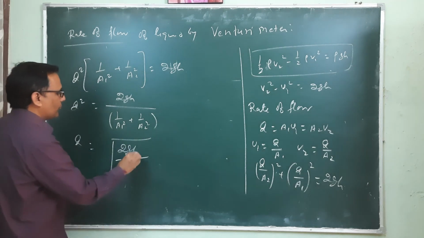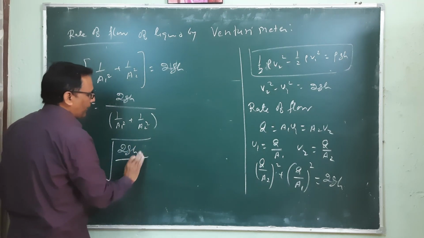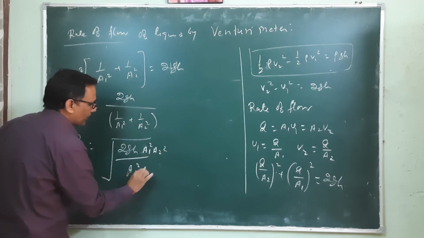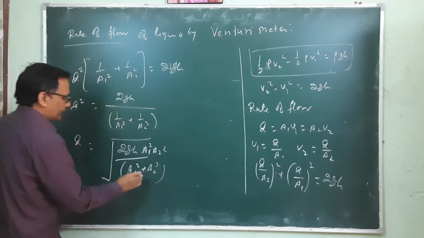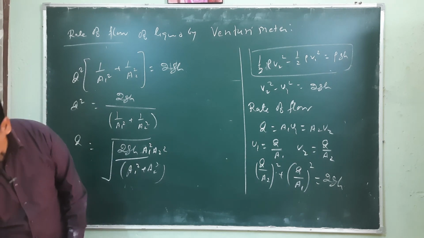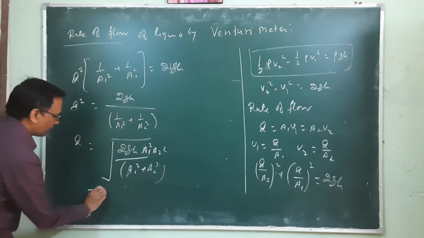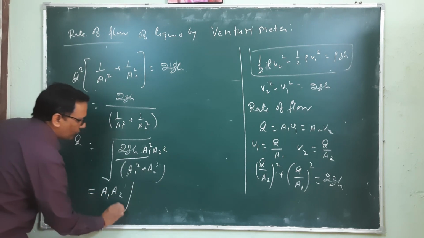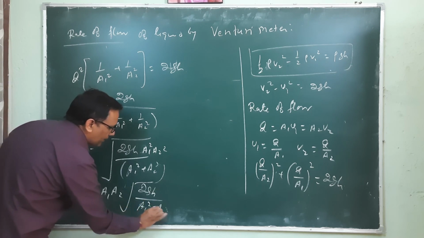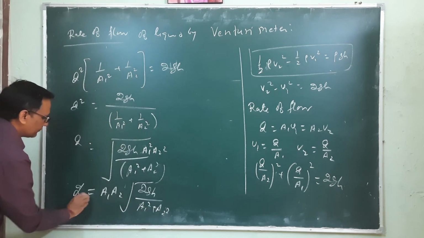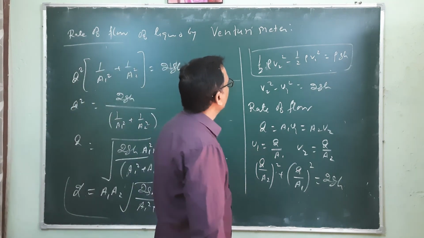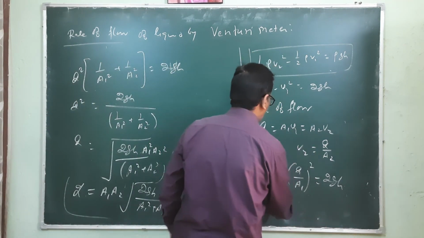So this will be equal to Q equal to A1 A2 root of 2GH by (A1 square minus A2 square). So this is the rate of flow.